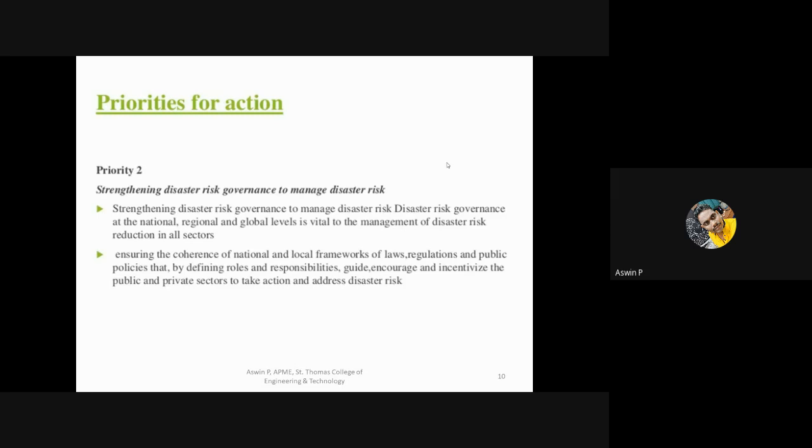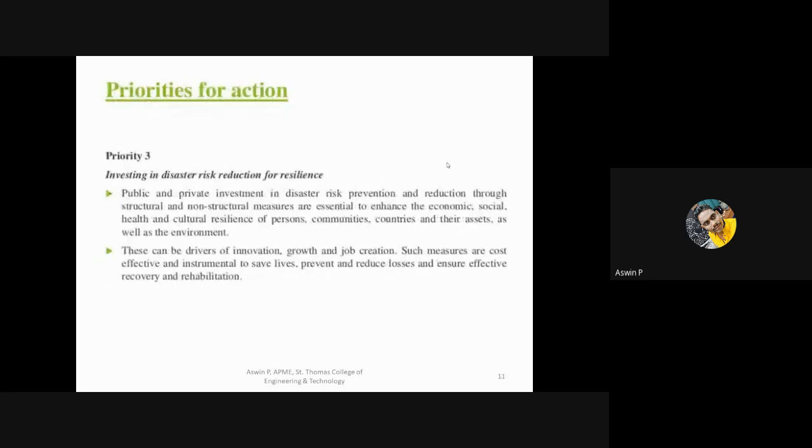Okay. After that, the next priority is investing in disaster risk reduction for resilience, for the reduction in disaster risk. We need to invest, public as well as private investment, in disaster risk prevention. Then only can we save ourselves from the disaster.